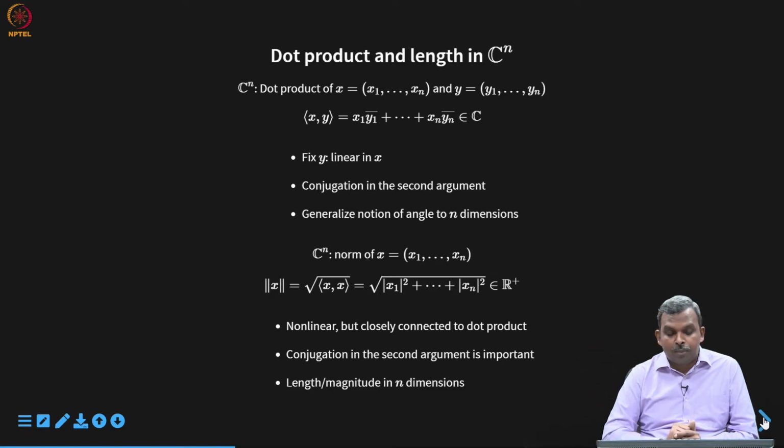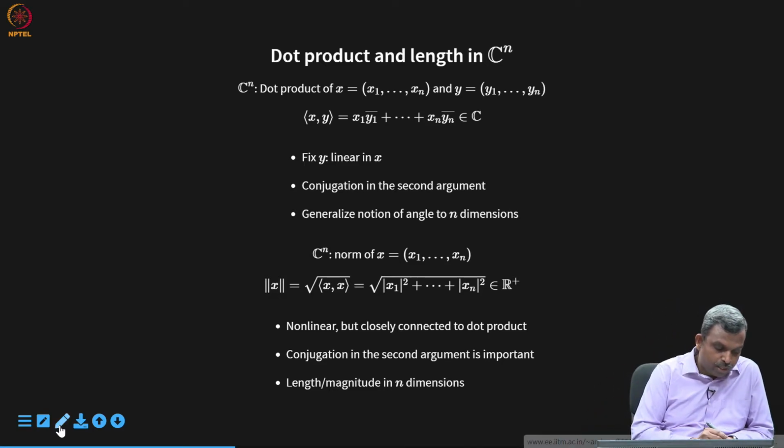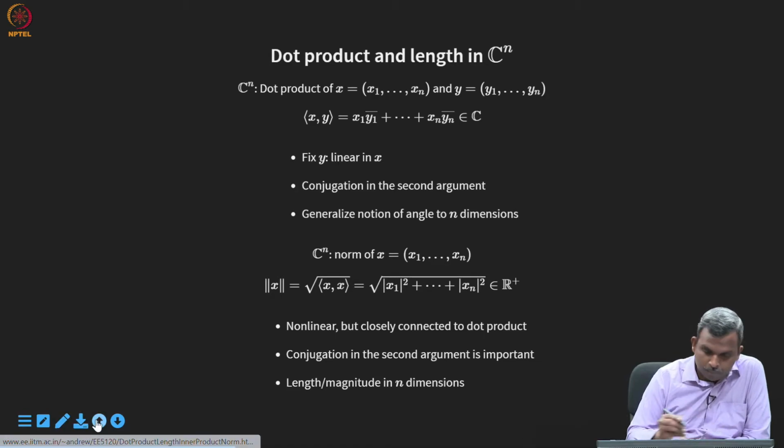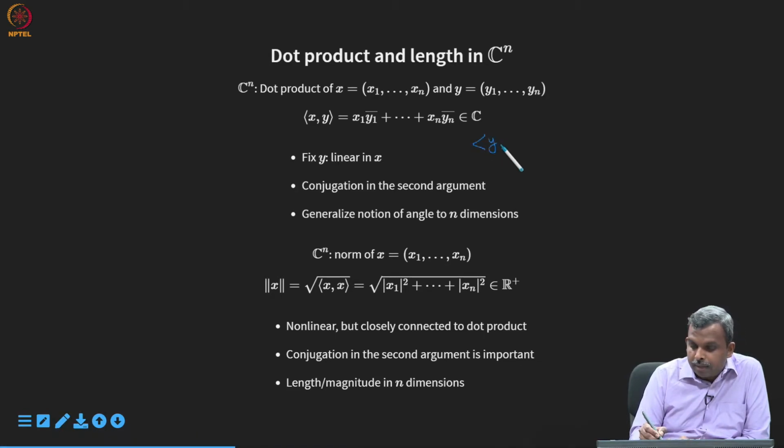Notice a couple of things here. x comma y and y comma x are not the same in this Cn. When you do y comma x, you will have x being conjugated. So maybe I should write that down. Notice here, y comma x will be y1 x1 conjugate plus dot dot dot plus yn xn conjugate, and it need not be equal to x comma y in general.